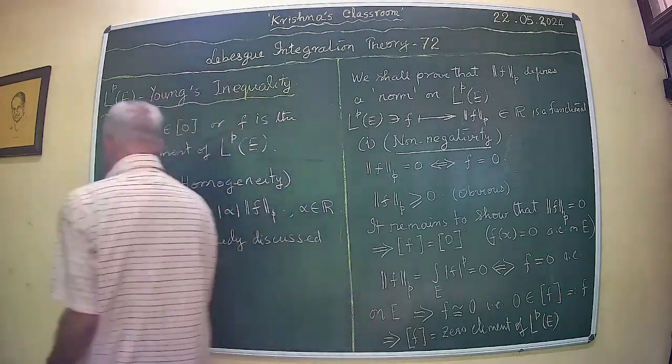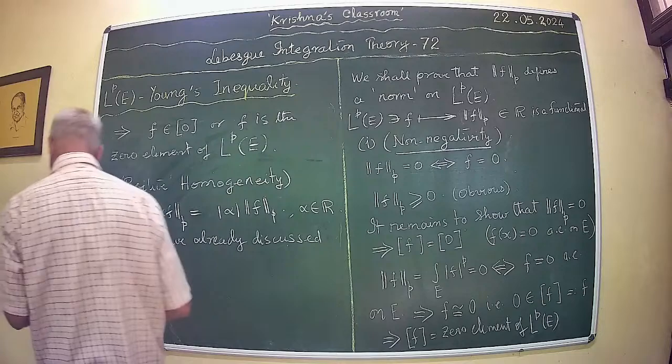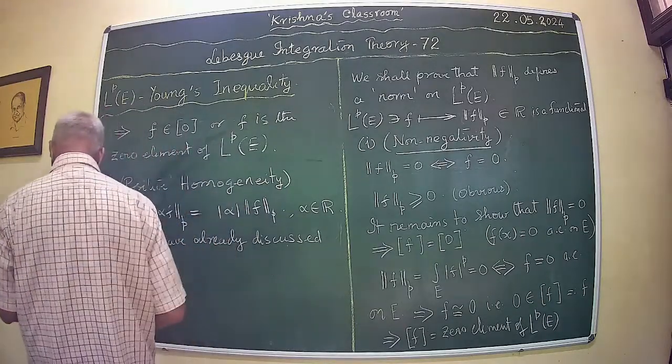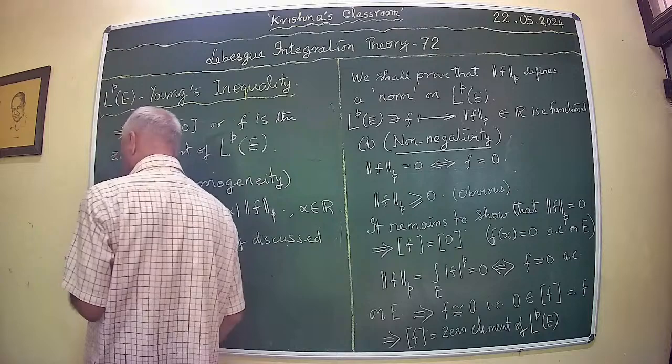Now the third one is the more difficult one. The third one is what you call the following results.